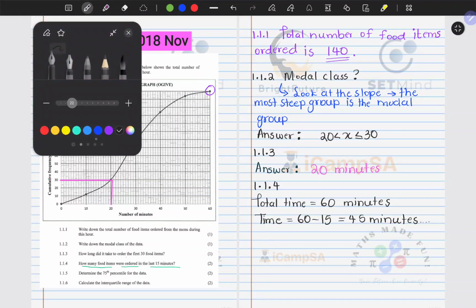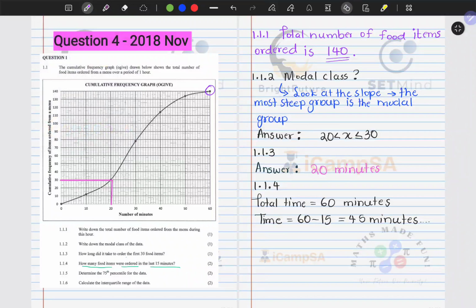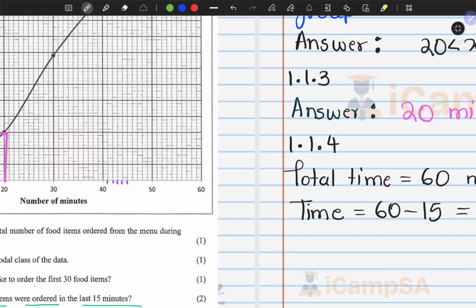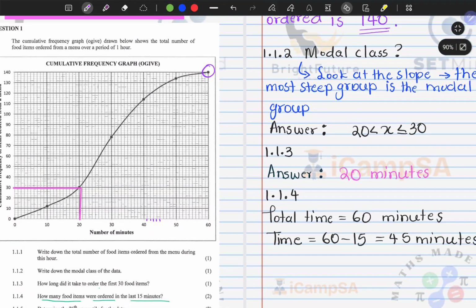So let's go ahead. What I'm going to do is go to the 45-minute mark. Okay, so if you observe carefully, we have 1, 2, 3, 4, 5. So that's about 45. So 45 is about there.